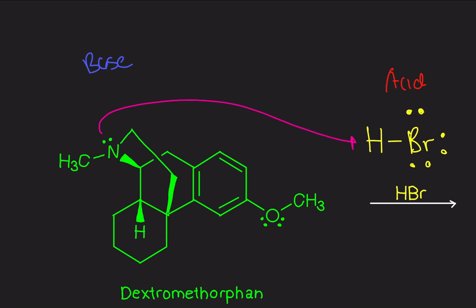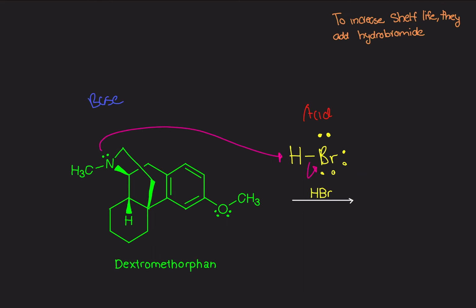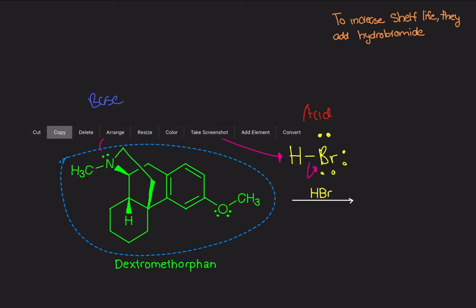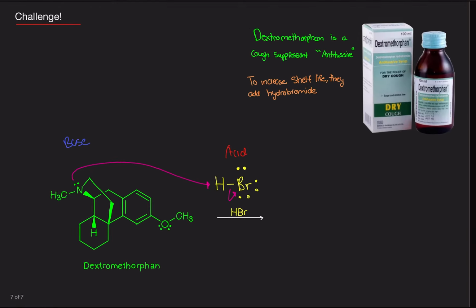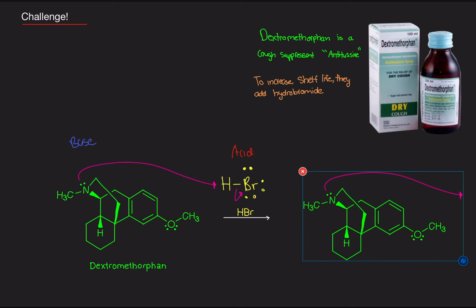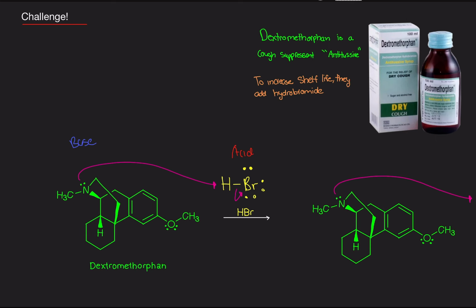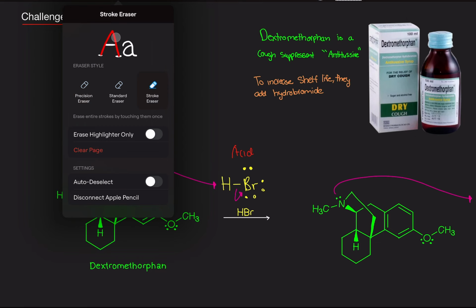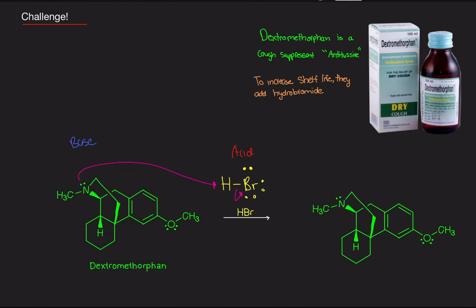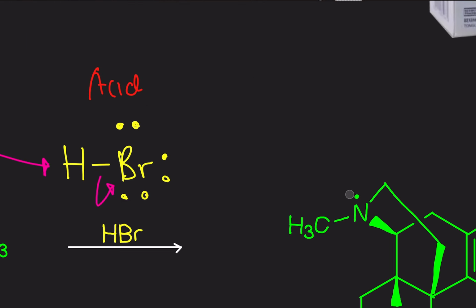Attack the proton, bond breaks and goes to bromine. So then we get, oops, I'm gonna copy this. It's too much to redraw it. There we go. Like that. And then these two go away.